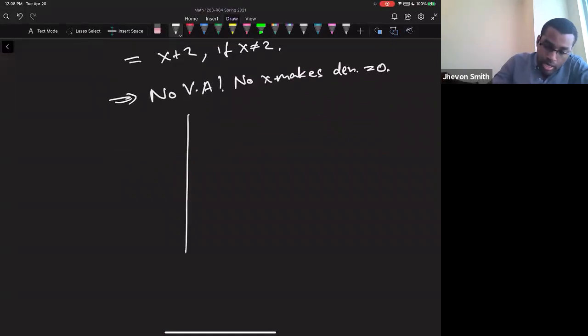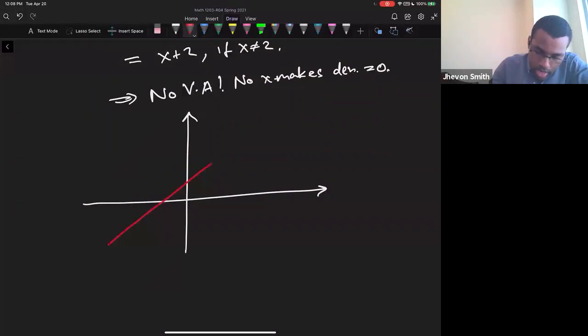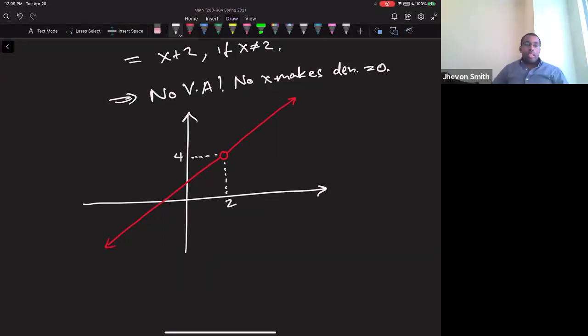And again, this guy we actually also know. We've used the same example over and over. We know that it's a straight line except when x hits 2. So what happens is we have a hole, and it's at the level 4. But it's not an asymptote, as you can see. It's just a hole.